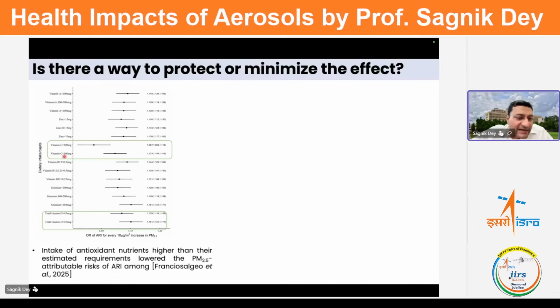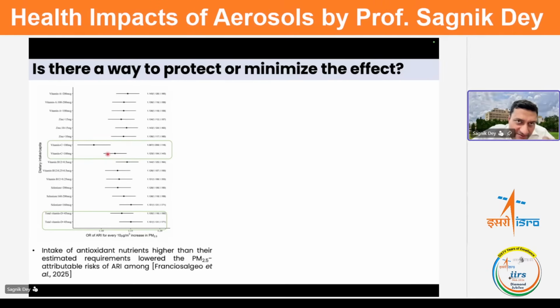For example, if you see here, children whose diet has vitamin C more than 100 milligram per day compared to children whose diet has vitamin C less than 100 milligram per day, what is the difference in air pollution's impact on respiratory infection? Who is more affected?